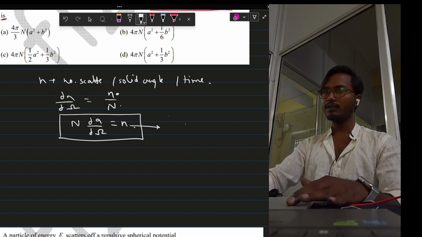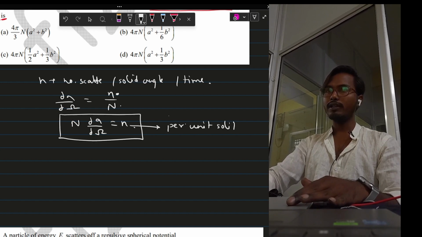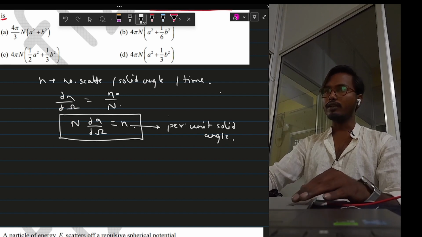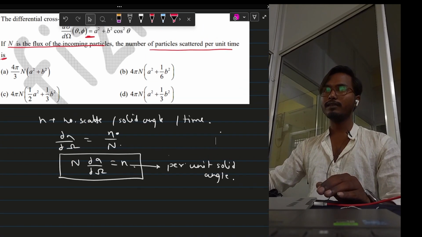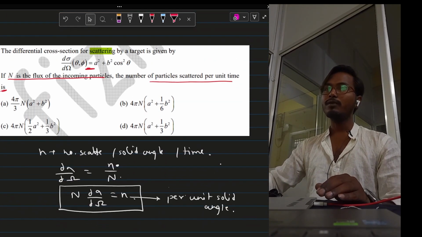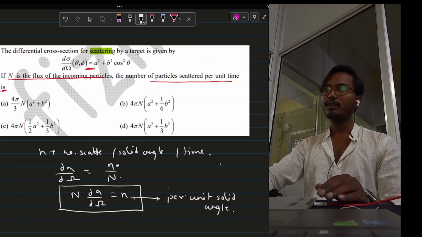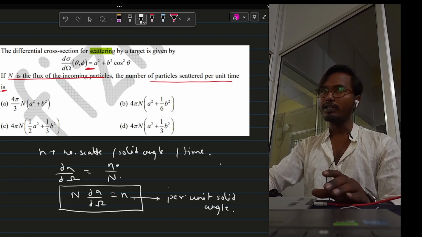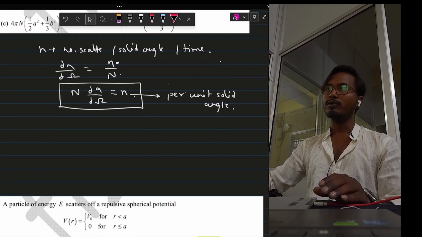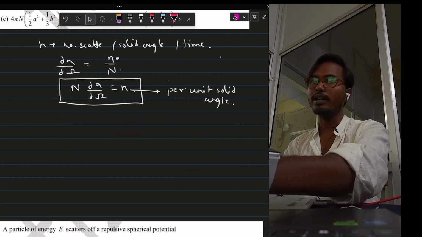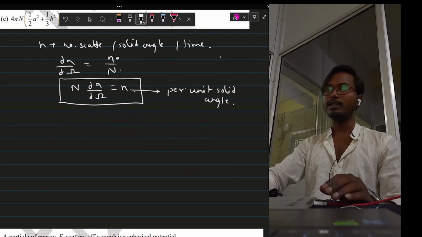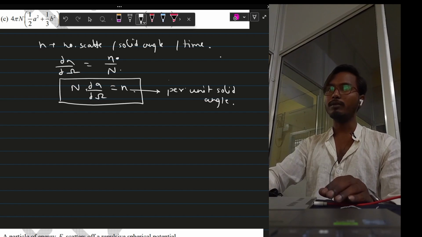But this is per unit solid angle. The problem says we have to find the number of particles per unit time, not per unit solid angle. So if we have to find it without solid angle, we have to multiply by the solid angle.